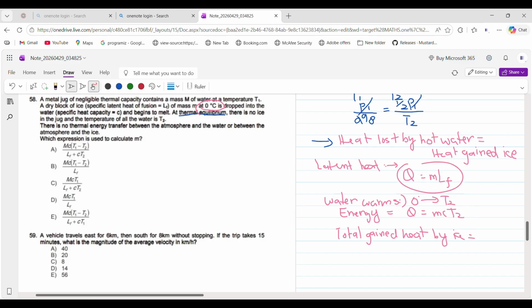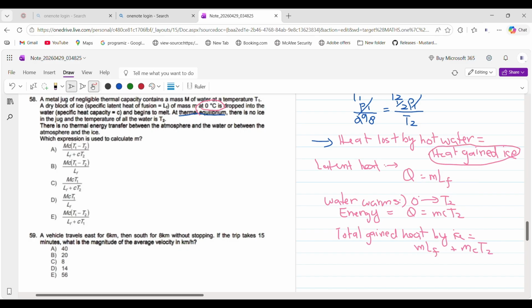We need to add these two: m Lf plus m c T2. Now see, heat lost by hot water is heat gained by ice. So heat gained by ice we have already found. This is what we have found.